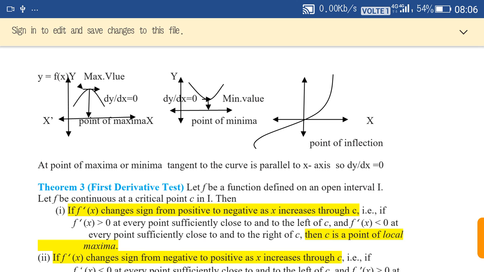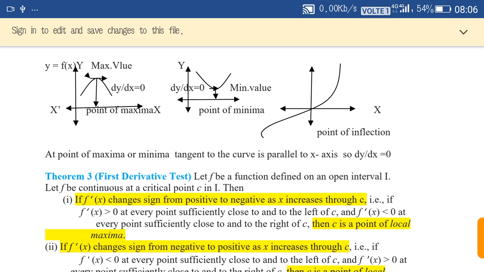Here you see that in case of the point of maxima, the function is rising, increasing, and after the point of maxima is obtained, the function is decreasing.